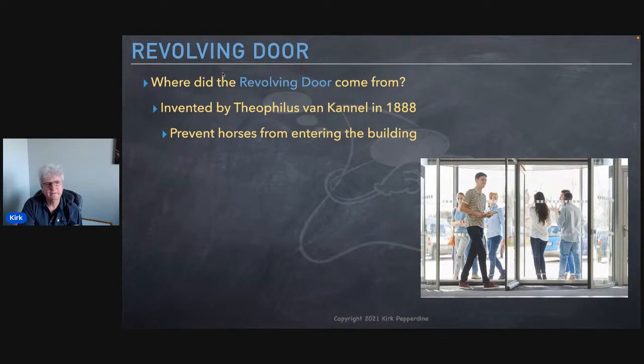It became very stylish, I guess, in the 20s to have revolving doors on your building. And of course, there have been lots of benefits. Now, if you look around, the fun part is that the thinking was that it was to prevent horses from entering the building. Now, I'm not sure that horses like going through any small door, so I was kind of suspicious of this.